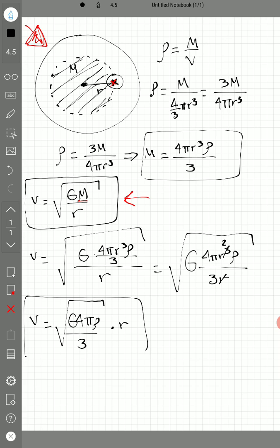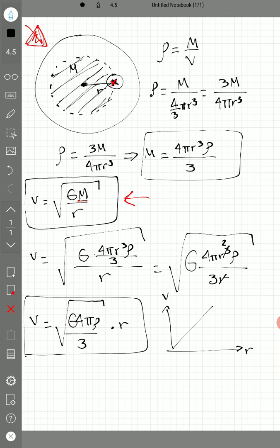So what you're saying is that the rotation velocity of a point that is at a distance r from the center of the galaxy will be given by this, which gives you a completely different description, where the velocity while you're still inside the core of the galaxy will increase linearly with a gradient equal to this whole thing, G 4 pi density of the galaxy, which is a constant, over 3.